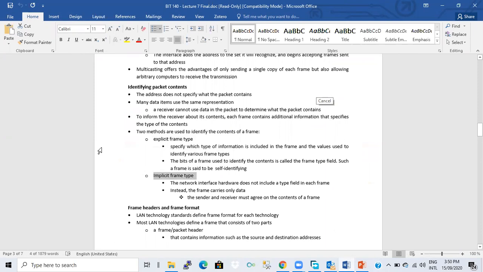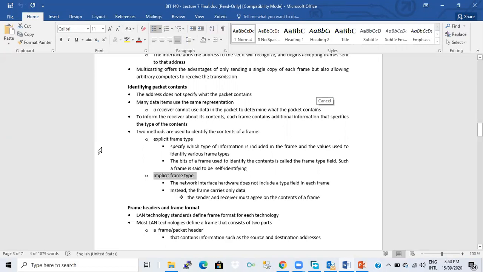The explicit one specifies which type of information is included in the frame and the values that are used to identify the various frame types. The bits of the frame used to identify the contents are called the frame type field. Such a field is said to be self-identifying.